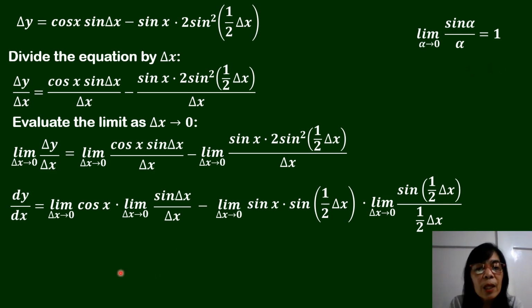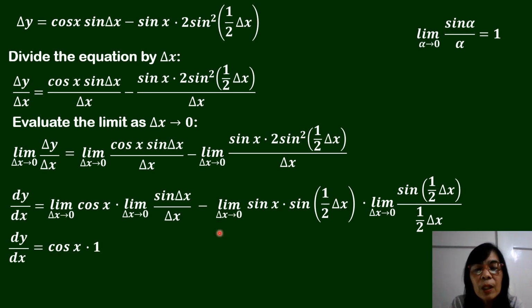So simplifying, evaluating now the limit, we apply this theorem, whichever is applicable. So for the limit of cosine x, since there is no delta x in here, we just copy cosine x. Then the limit of sine delta x over delta x, we can apply this theorem that will be equal to 1.